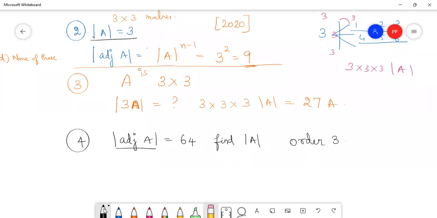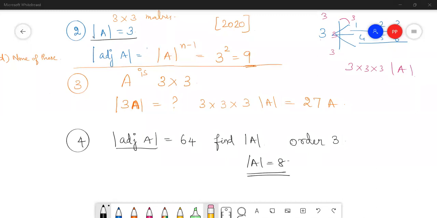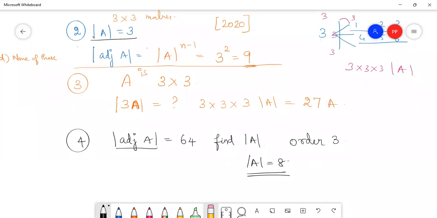Now adjoint of A is given, so you take the square root and you will get 8. In the second question, the determinant value was given and you found the adjoint. This is the opposite case. So we need to take the square root of the given adjoint of A value.